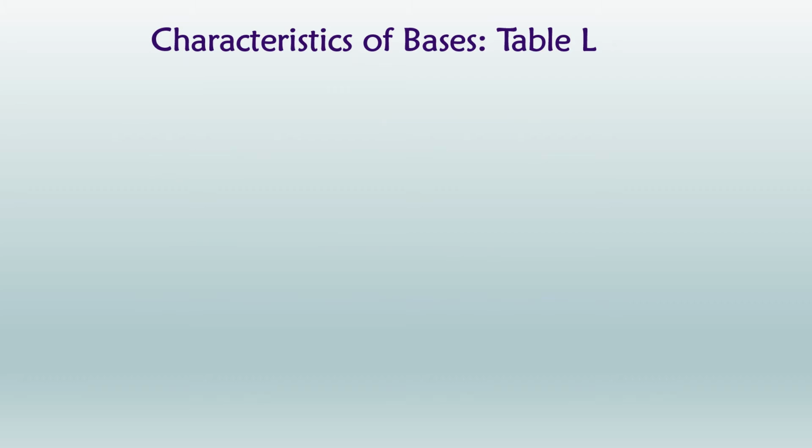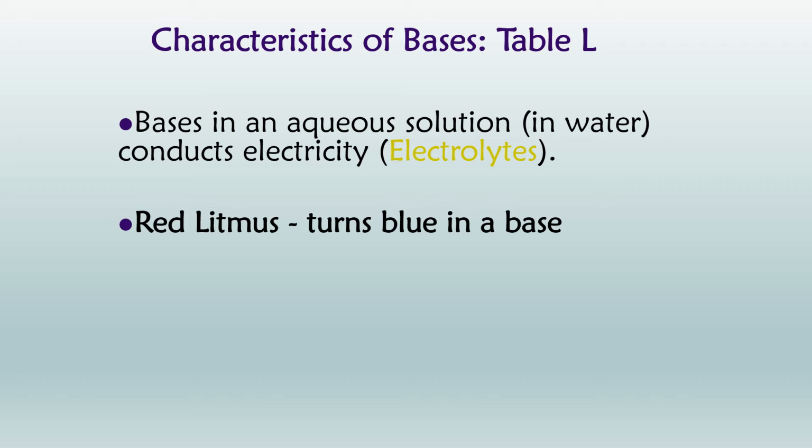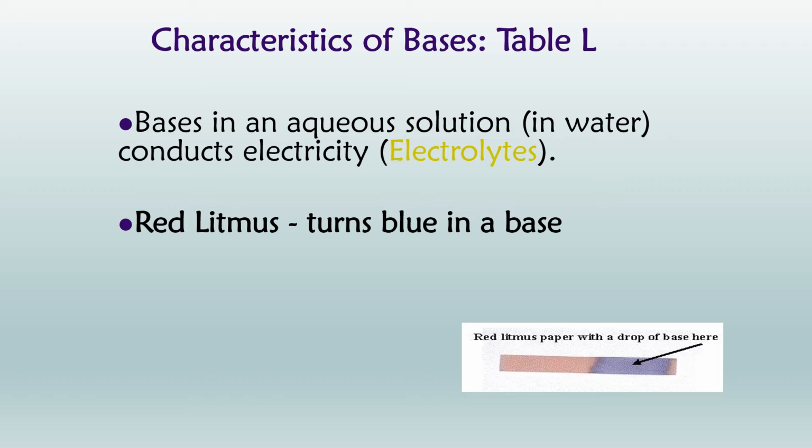Now, some of the characteristics of bases, which are given in table L in your reference table packet, is that they're also good conductors of electricity, so they're electrolytes. If we want to test them using a litmus paper, we can take a red litmus paper, and if we pour a drop of our basic solution on that paper, it's going to turn blue. And if you're using a blue litmus paper, it's just going to remain blue.